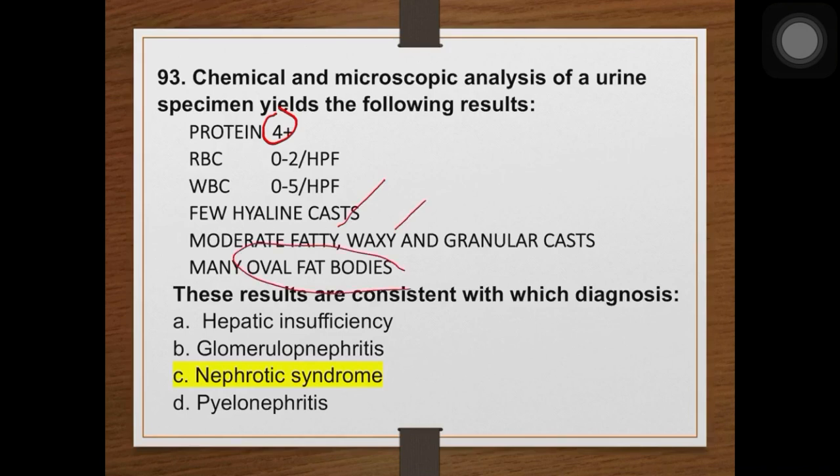Now, the presence of fatty casts, waxy casts, and oval fat bodies are seen in lipiduria, for example, nephrotic syndrome. In nephrotic syndrome, the condition is also characterized by massive proteinuria. Mababa ang serum protein. Bakit? Kasi nasa urine. And sa microscopic, pwede po tayo maka-encounter ng oval fat bodies, fatty cast, at saka waxy cast sa urine ng patient with nephrotic syndrome. Correct answer number 93, letter C.